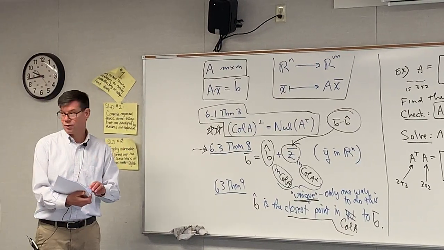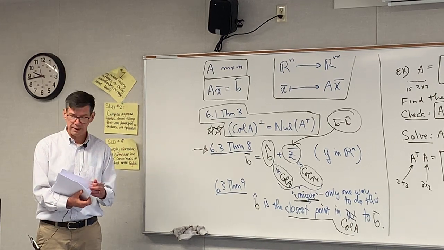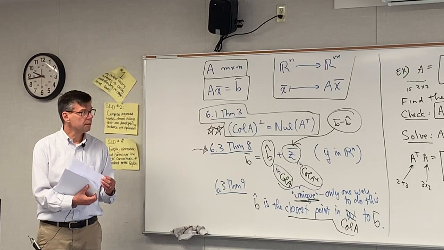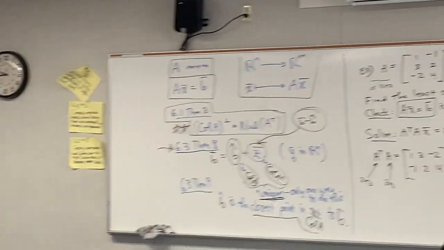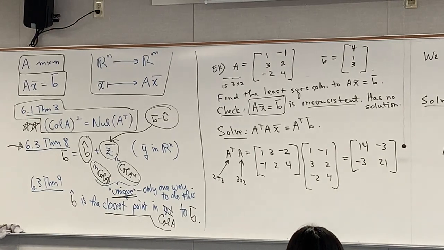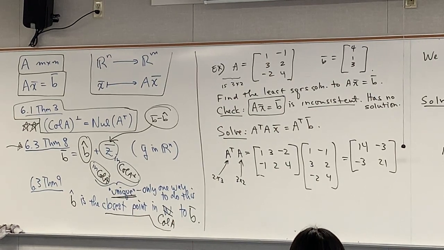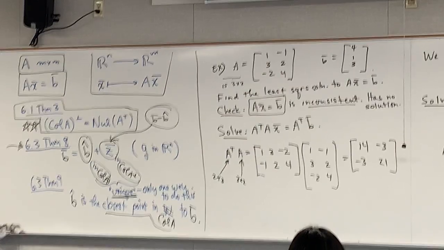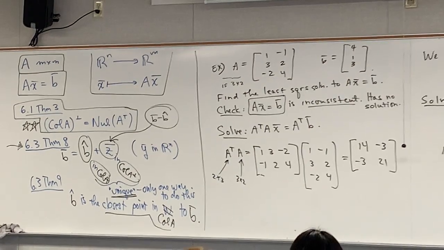So let's do our theoretical example. We're just gonna move on to 6.6. I started teaching this course 2 semesters ago, and I had never learned this process before, least squares from a linear algebra perspective.